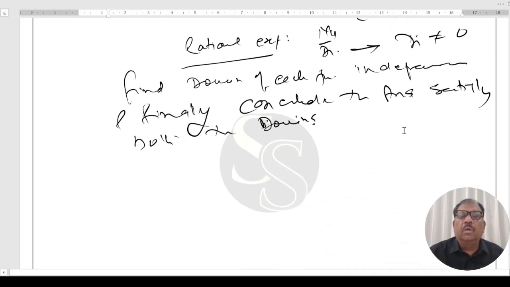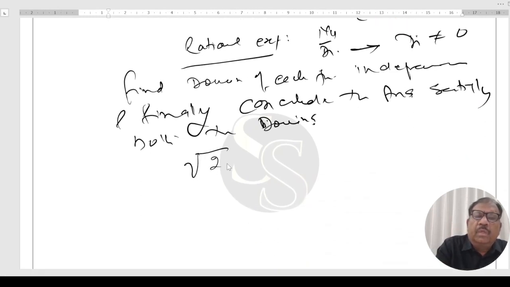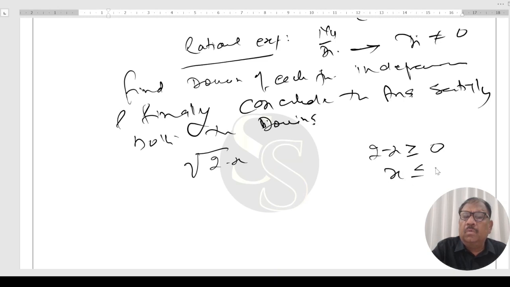Root 2 minus x, which means 2 minus x should be greater than or equal to 0. So x should be less than or equal to 2. The domain of this function is this one.